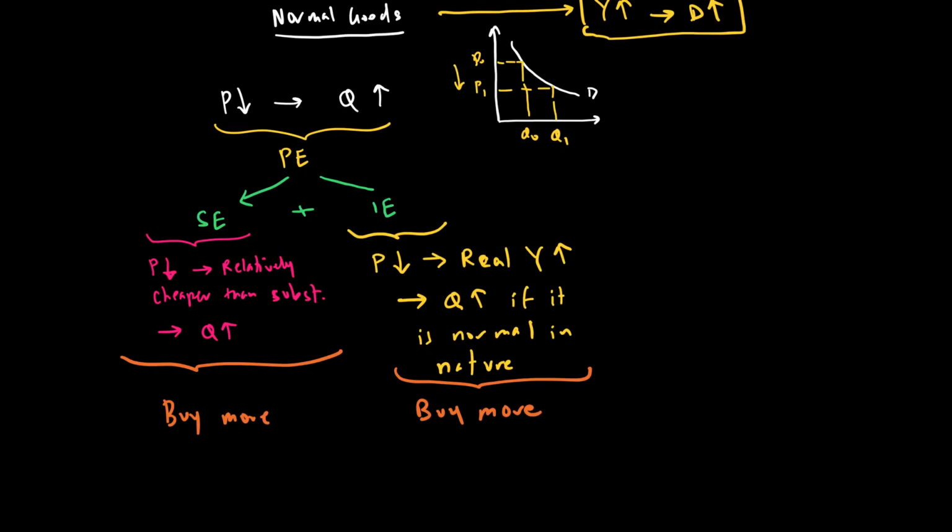I'm now going to show this same substitution effect and income effect through indifference curves. So when we draw our indifference curves and budget lines, I'm going to show how the price of a good going down results in us buying more of this good. Whenever the price of a good goes down, we learn from our budget line discussion that the budget line will pivot out.